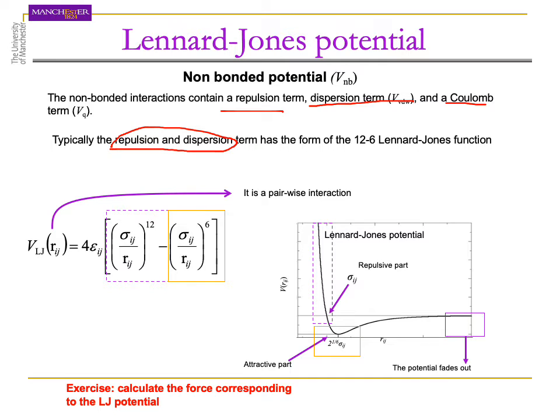The Lennard-Jones functional shape is reported here, and as you can see, it depends on this r subscript ij, which means that it depends on the distance between two atoms.